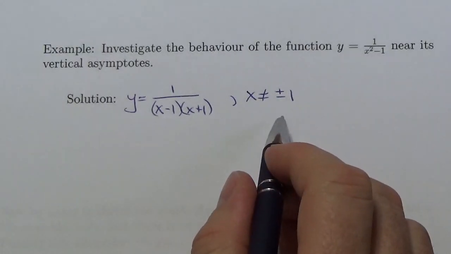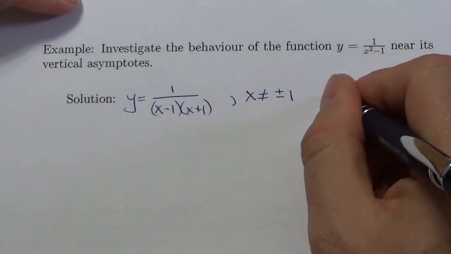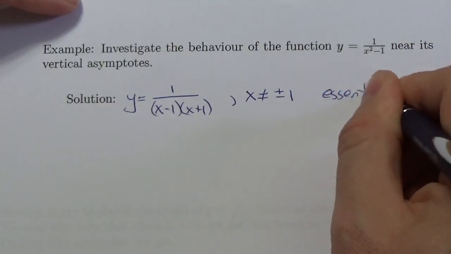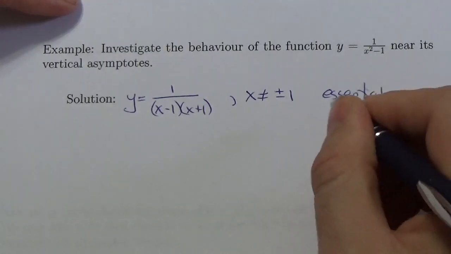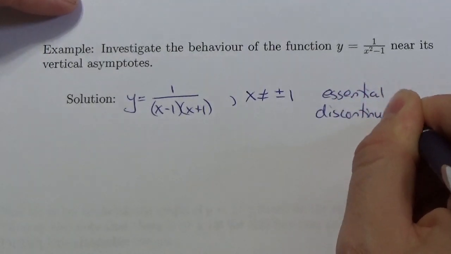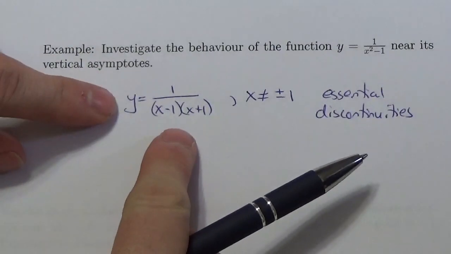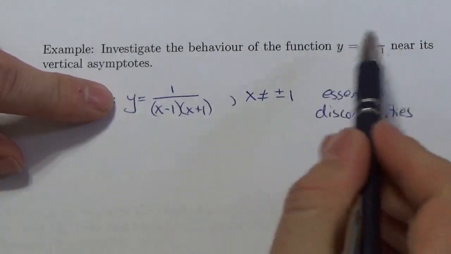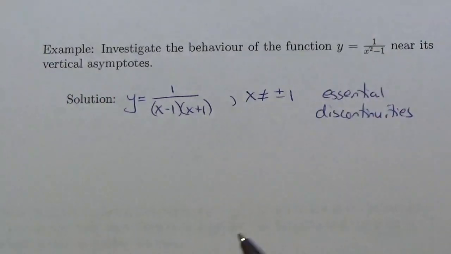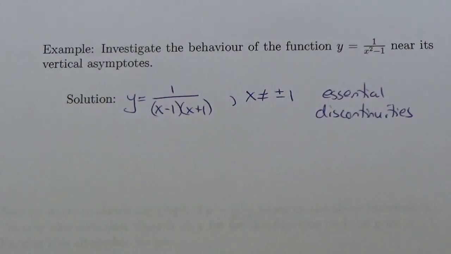Now, these are what we would call essential discontinuities. I am stuck with them. This is the most simplified form that this expression can get to, and it still has non-permissibles in it.